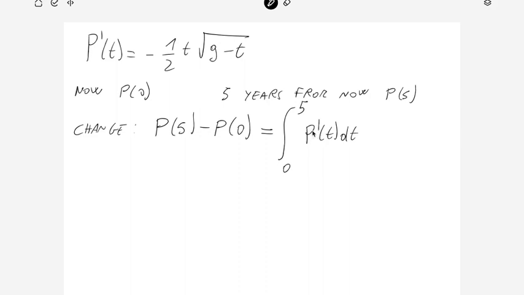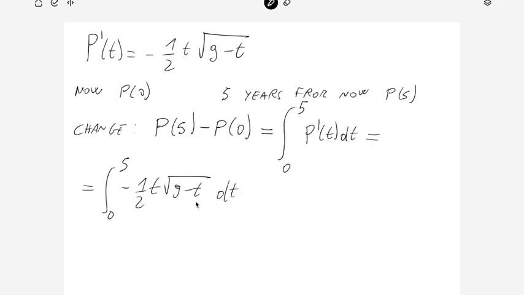And then you have to evaluate p at 5 minus p at 0. So it is natural. Okay, so in this case, we know p prime of t, it is this dt.